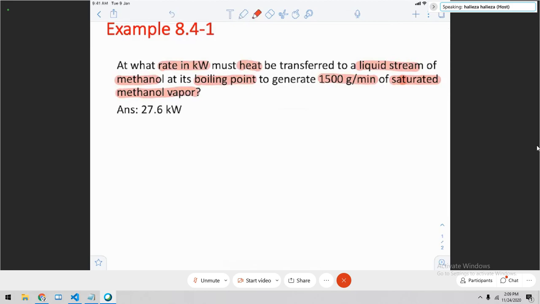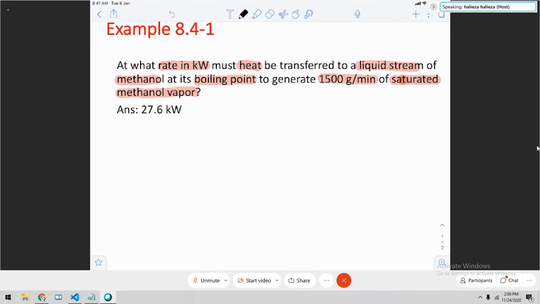Okay, let's go through it. You have an input of a liquid stream of methanol at its boiling point, having a flow rate of 1,500 grams per minute. The outlet is going to be saturated methanol.